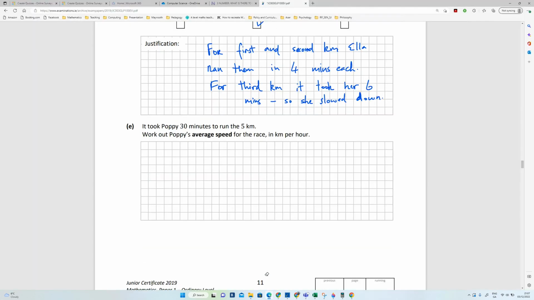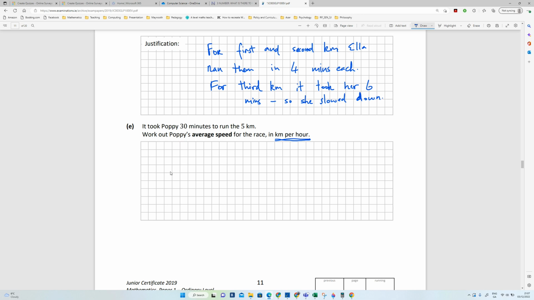So now, last part E. It took Poppy 30 minutes to run the 5K. Work out this average speed for the race in kilometers per hour. Now you need to watch out for that one there. She didn't run for an hour, she only ran for 30 minutes. But they want the answer in kilometers per hour.